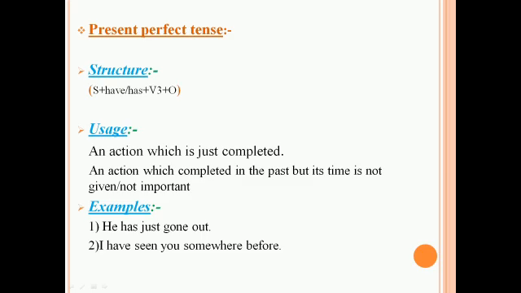In present perfect tense, the feeling is important but not the time. In simple past tense, time is important. Past time indicator should be mentioned. For example, he has just gone out. He, subject plus has gone V3.